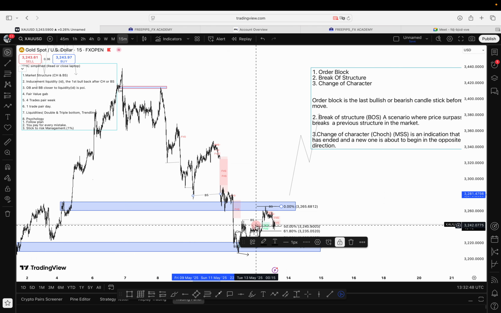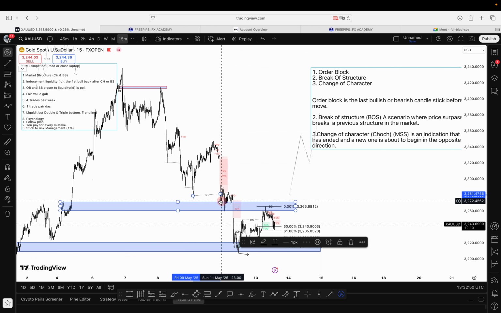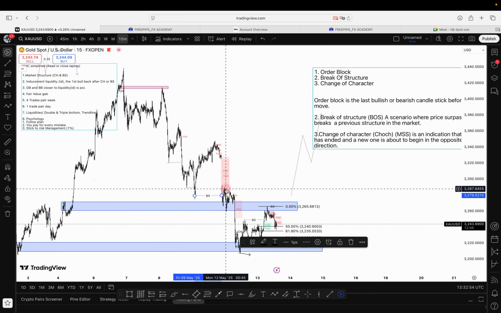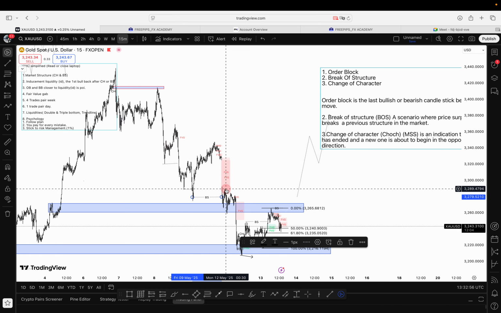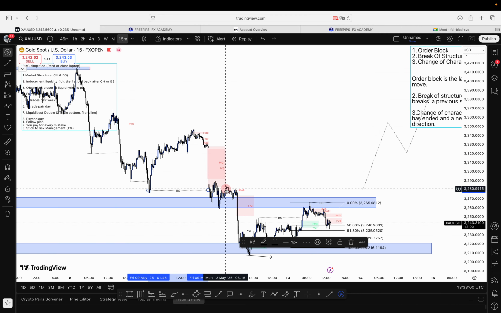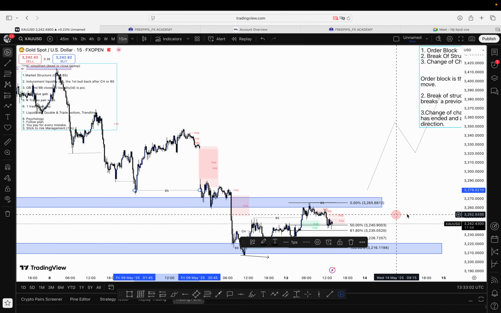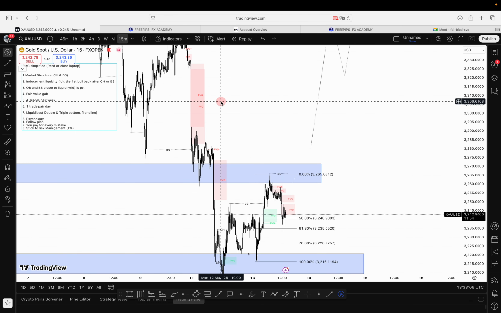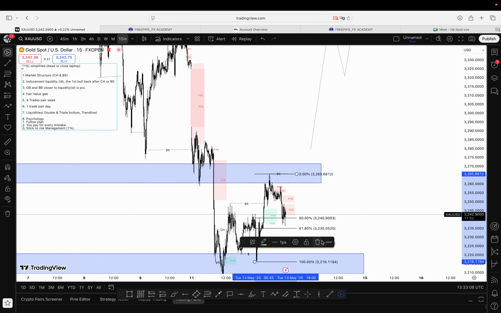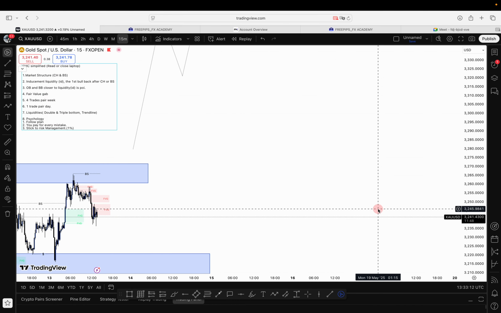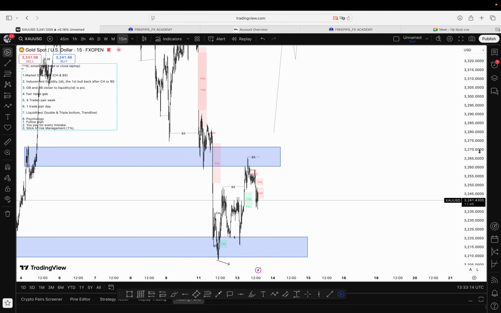So your assignment is to go and identify change of characters, order blocks and break of structures and be sending them to me in my DM, like WhatsApp. So we will treat inducement as a whole topic.